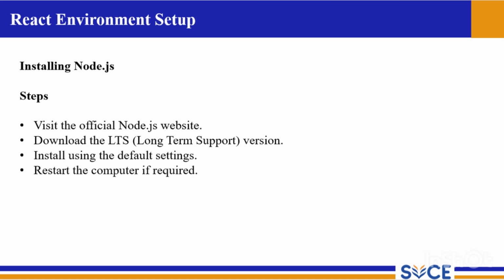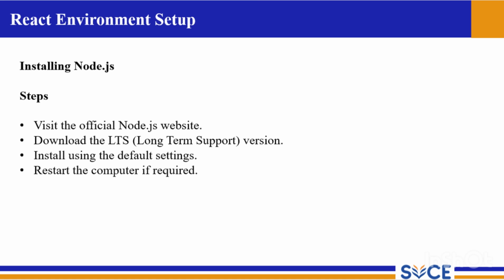The first step in setting up the React environment is installing Node.js. Node.js is a JavaScript runtime that allows JavaScript code to execute outside the browser. React development relies on Node.js because many development tools and build processes are based on it.